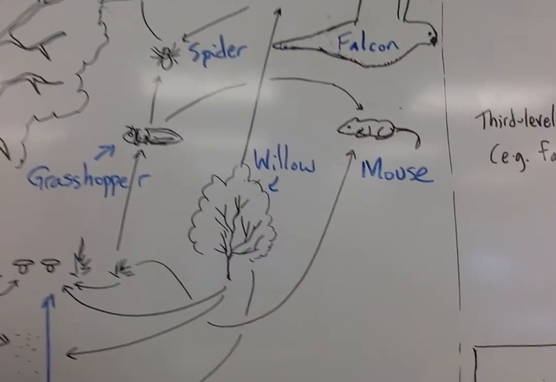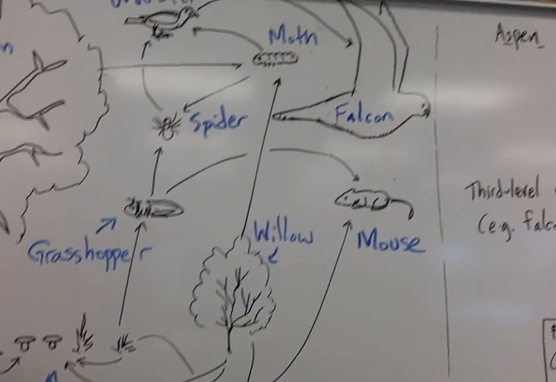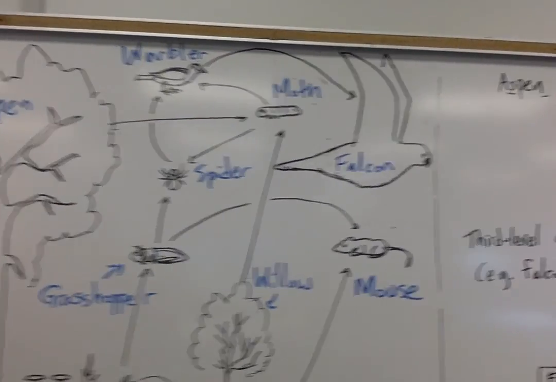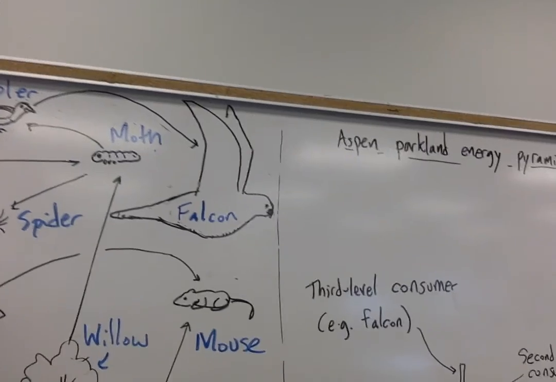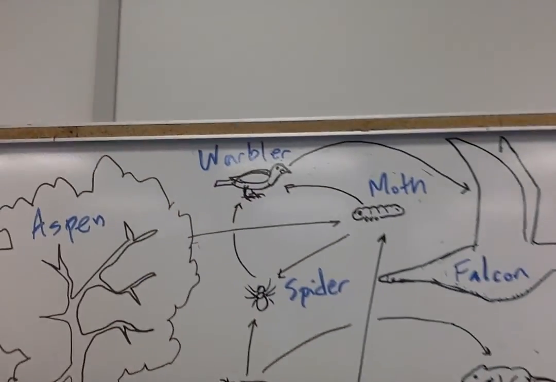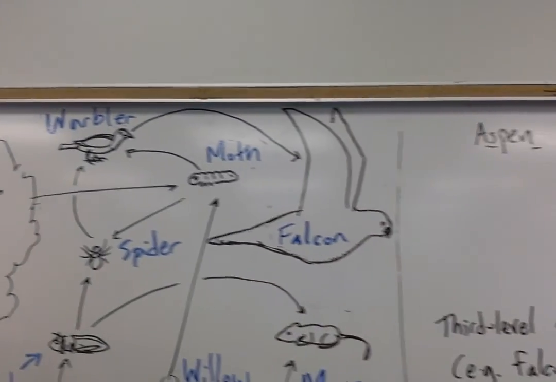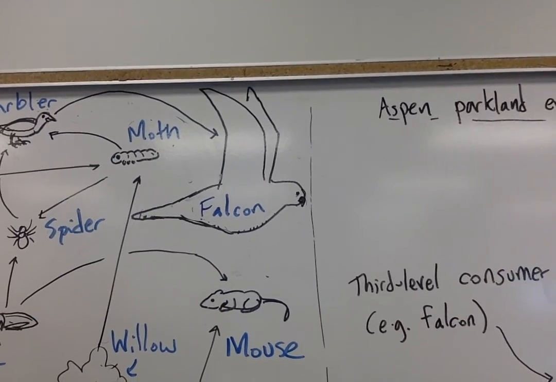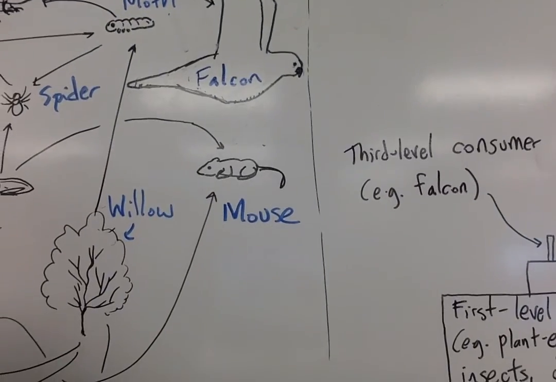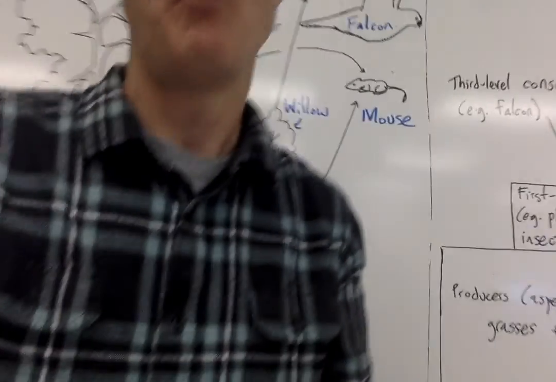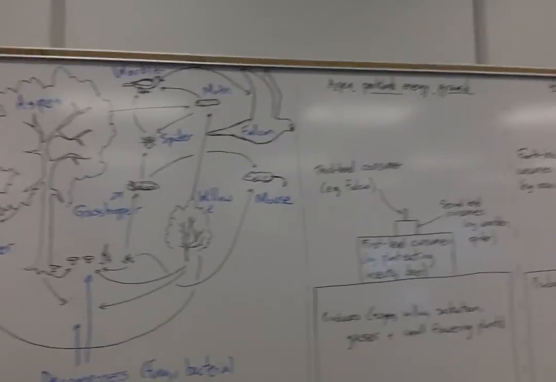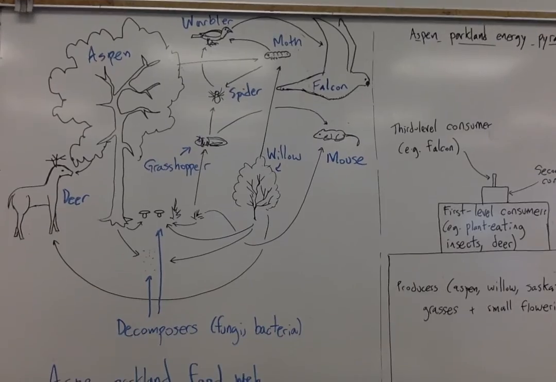We've got willow bushes, grasshoppers, a spider in the middle there. That's a caterpillar. Then a bird up here that eats insects, and then a falcon. You've probably never seen a falcon, but they're out there. And then a mouse.